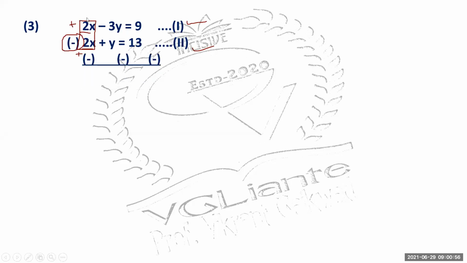Now the subtraction sign is going to make all your positive numbers negative. So plus 2 will become minus 2, plus y will become minus 1, and plus 13 will become minus 13. Listen, the positive signs will change to negative, and negative signs will change to positive.